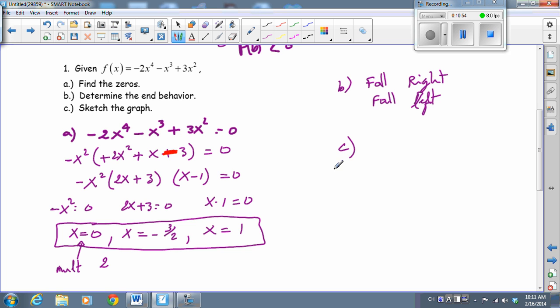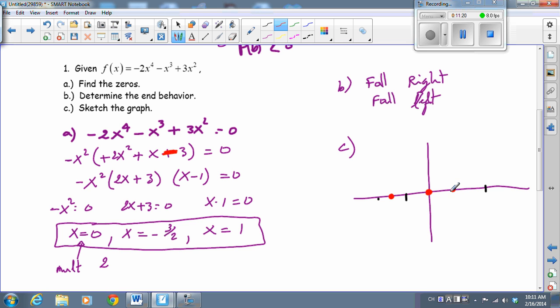C, the last one is sketch the graph. Alright, to sketch the graph, I first put my zeros. It will go through 0, 0, because at x equal to 0, it says 0. Negative 3 over 2 is like negative 1.5. So if I label it like this, negative 3 over 2 would be somewhere here.